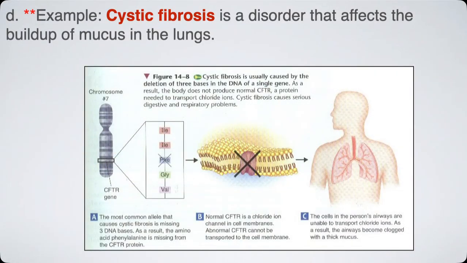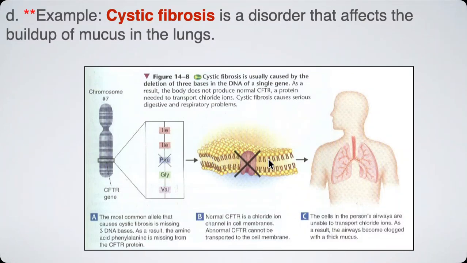So what is cystic fibrosis? It affects the lungs. It is typically caused by literally a single problem with a gene on your chromosome number 7. That gene has an issue. Now, what does that gene code for? It codes for a protein in your cell membrane.